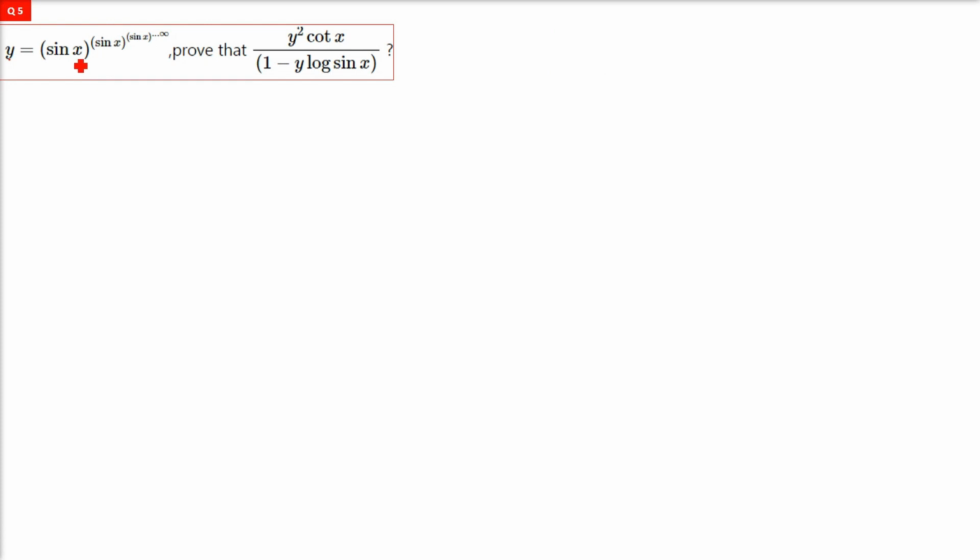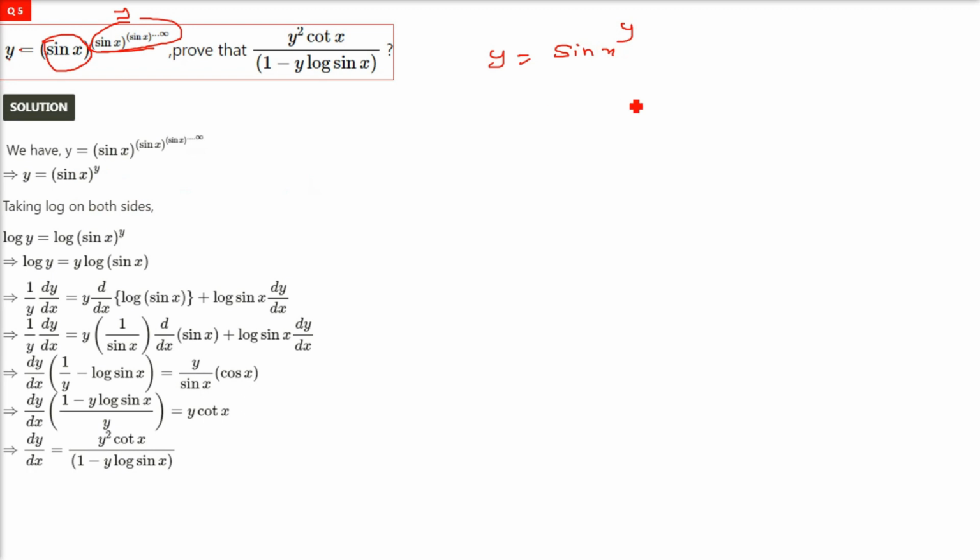Now y is equal to sin x to the power sin x to the power, and it goes on and on. So if I just remove this or forget about this, the same thing is repeated. So this thing is y only. So what do you get? y equals sin x raised to the power y. And the best thing is to take log.